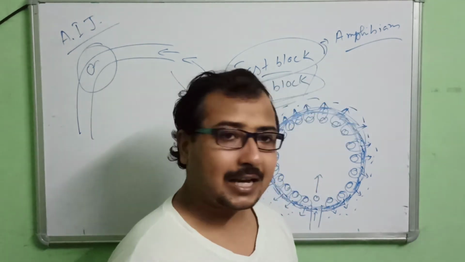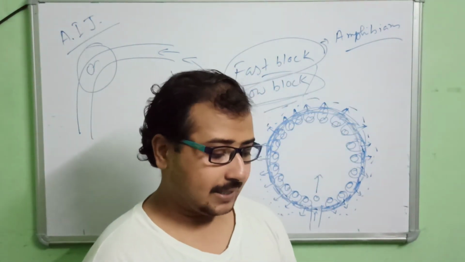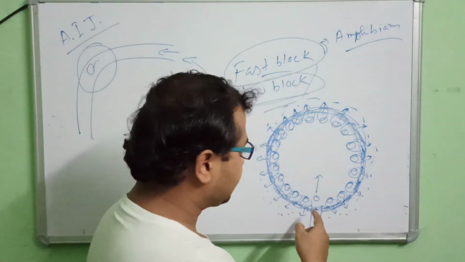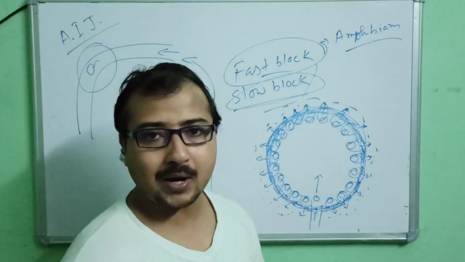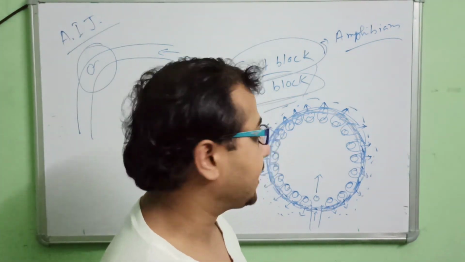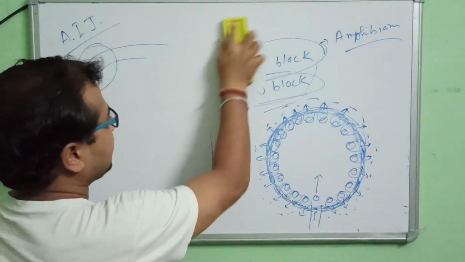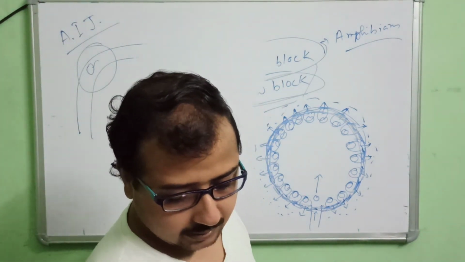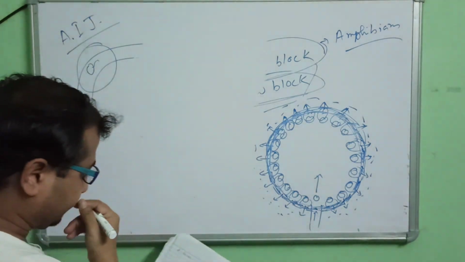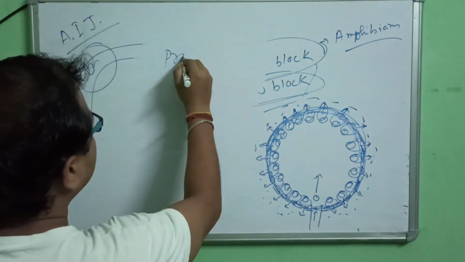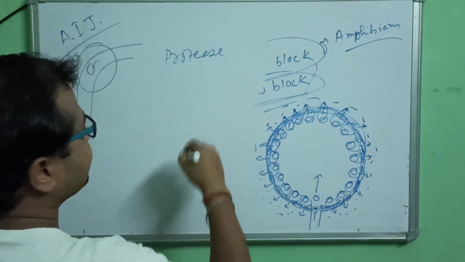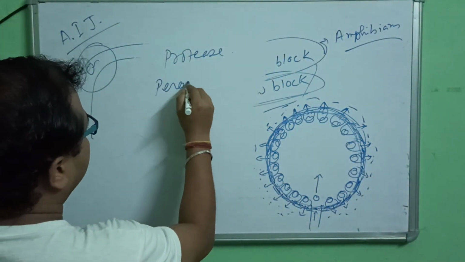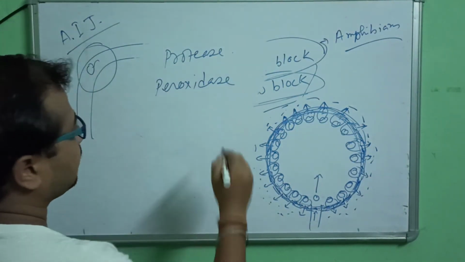Now just one last point. The contents of the cortical granules, the enzymes that help in the slow blocking process. Number one is protease, released from the cortical granules. Second is peroxidases.